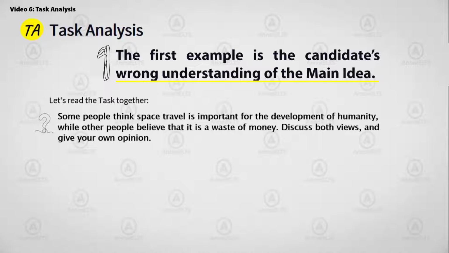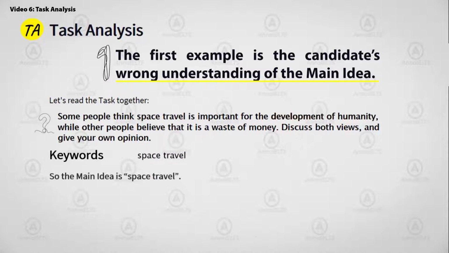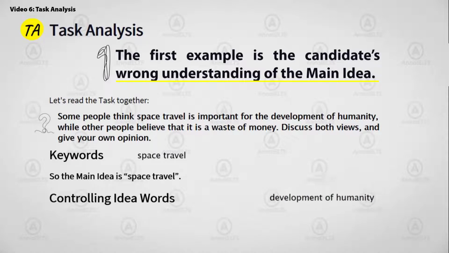Discuss both views and give your own opinion. Let's underline the keywords to find the main idea of the task: space travel. So the main idea is space travel. Now let's find controlling idea words. Development of humanity. So controlling idea words are development of humanity.